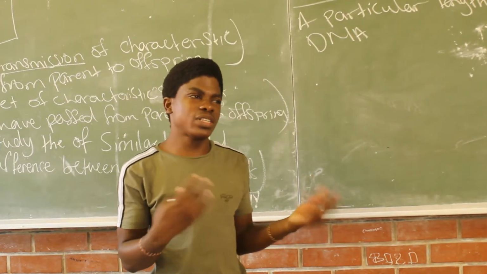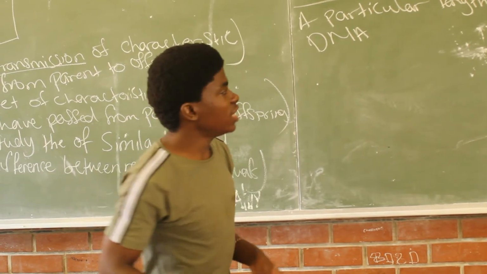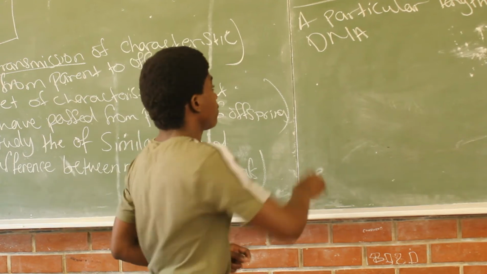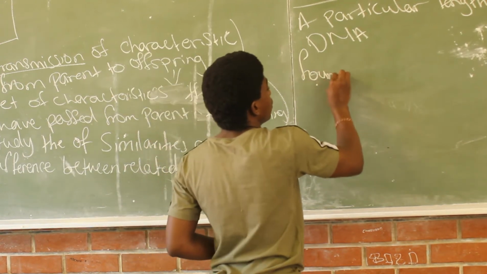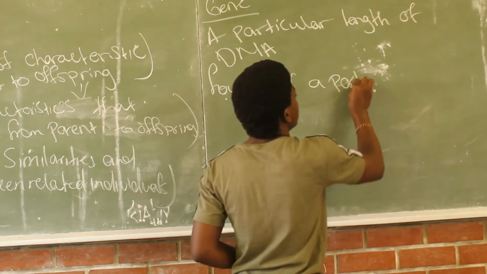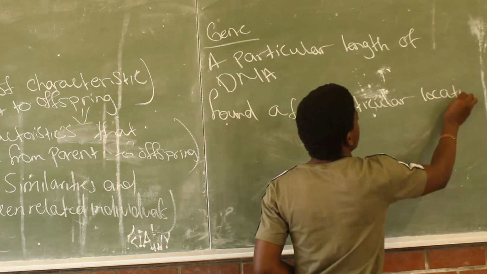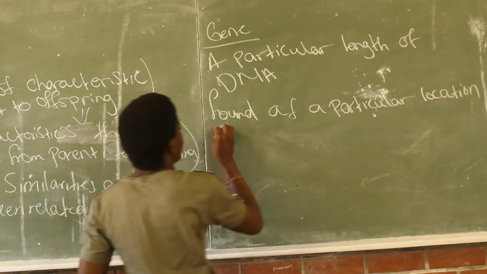What does that particular length of DNA do? It's a particular length of DNA found at a particular location on a chromosome.